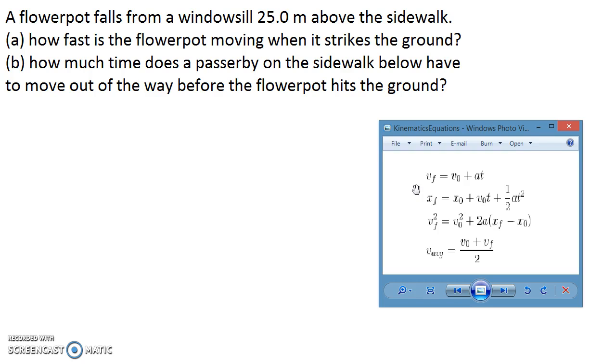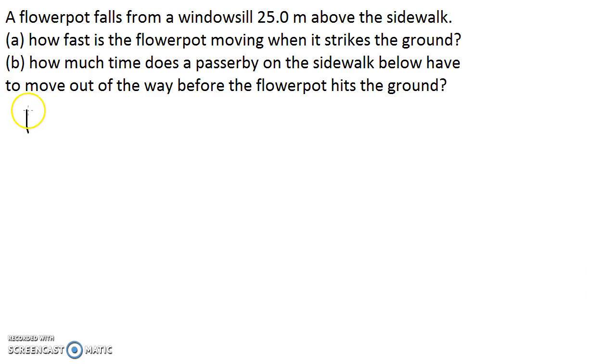Now, before we start, it's always a good idea to define our coordinate system, so let's go ahead and draw that out real quick. For this problem, I'm going to define up as negative and down as positive.